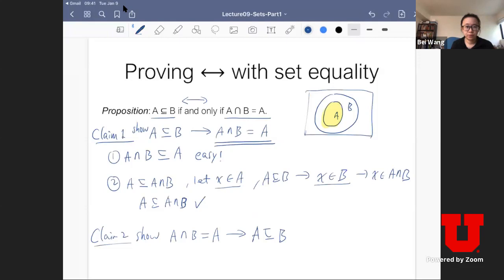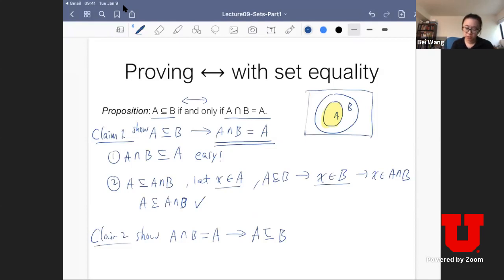So what's the large picture of this problem? Because it's an if and only if statement, you need to prove both arrow directions. And for each of those, that's what we call claim 1, claim 2. For claim 1, I need to show set equality. Then I need to show that the set on the left is a subset of the set on the right, and vice versa.